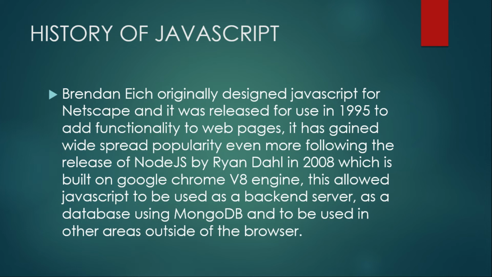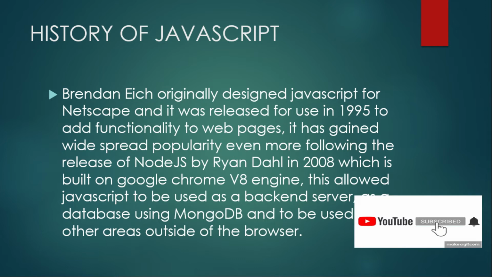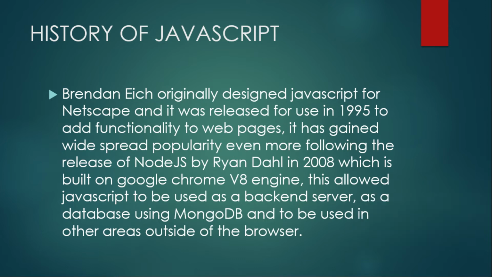Before now, I've told you that JavaScript runs on the web. It needed an engine to interpret the code into machine language. But what the miracle Node.js did was to take the V8 engine of Google Chrome and modify it so that it can be installed anywhere, so that it runs JavaScript.